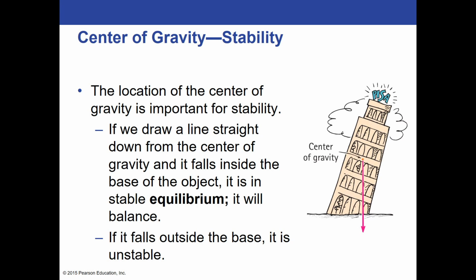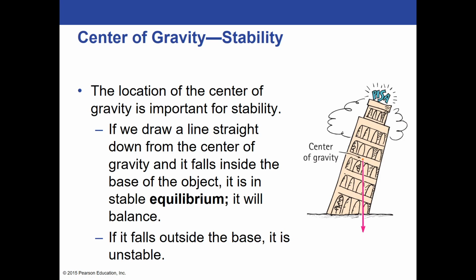Most of the time it'll be stable, but there are a few situations where it's unstable. An unstable equilibrium would be, imagine a pencil with a very sharp point. Now, any amount of movement, such as an air molecule coming over and bumping it, will cause that center line to fall away from that point.